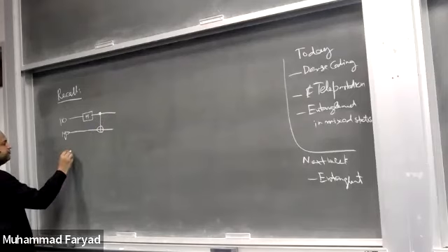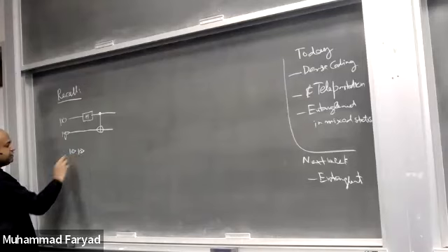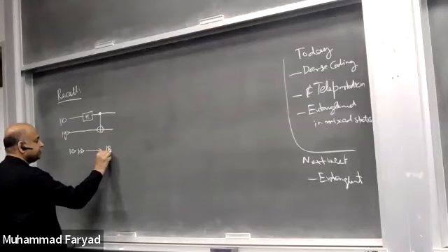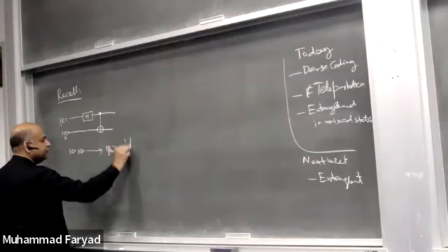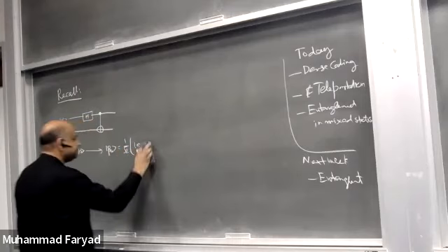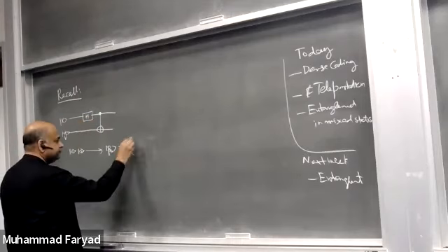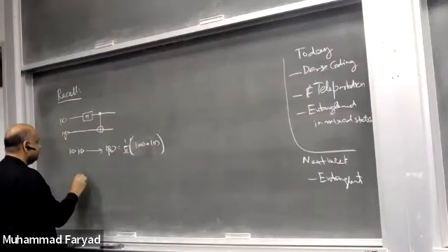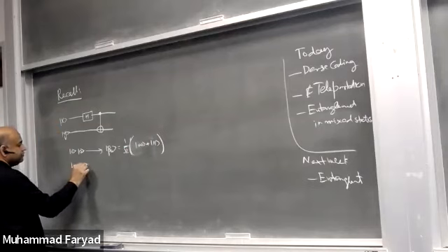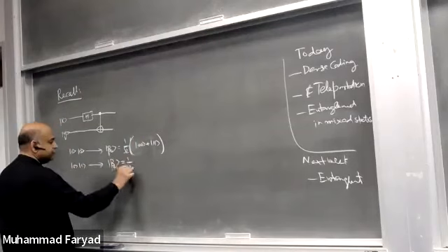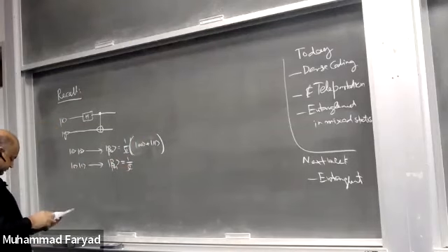So we saw that if we start in a 00 state, this is a product state, which means it is not an entangled state. If this is at the input, the output state, let's call it beta 00, is this state 00 plus 11. And if we start in the 01 state, we come to another Bell state, which we call beta 01.